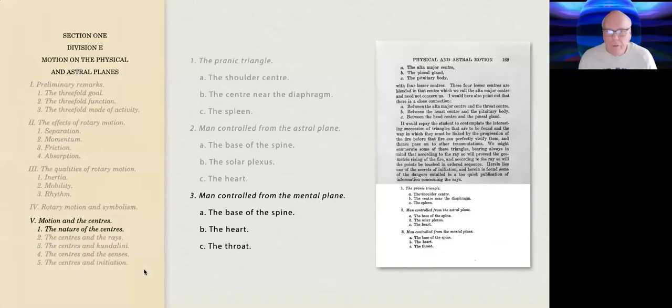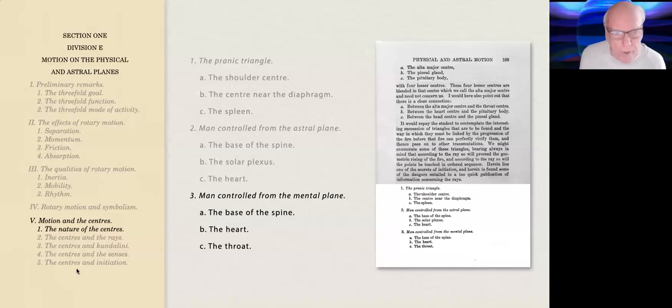Okay, next. 3, man controlled from the mental plane. A, the base of the spine. B, the heart. C, the throat. So this represents a triangle of circulation for someone controlled on the mental plane. The first 2 centers are as before. Base of the spine anchors the physical material form, and the heart center anchors the life principle.